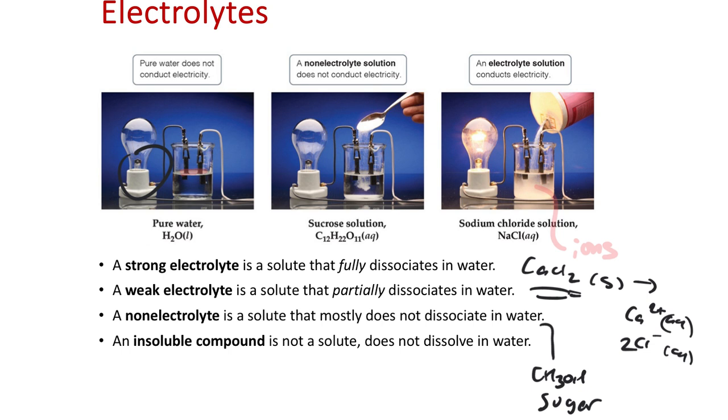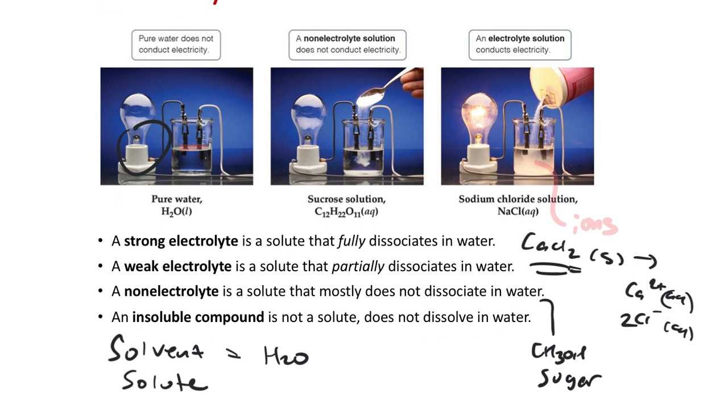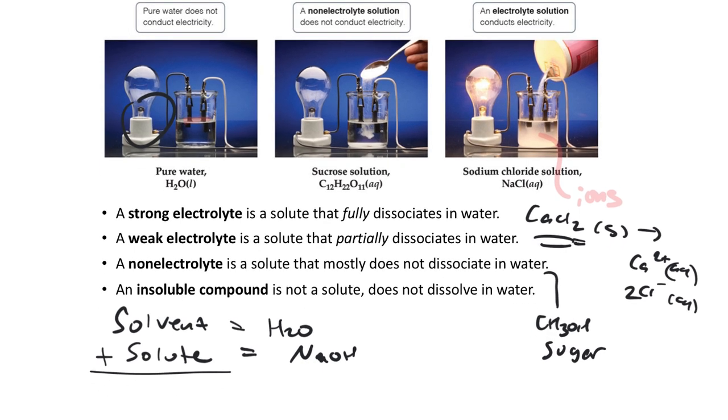A little bit of terminology here: we have a solvent, that's water in this case. This whole chapter is where the solvent is water. The thing we're dissolving into the water is the solute. So the solute equals things like sugar or NaCl. Let's say, for example, the sodium hydroxide was our solute, and then these mix together to make the solution.